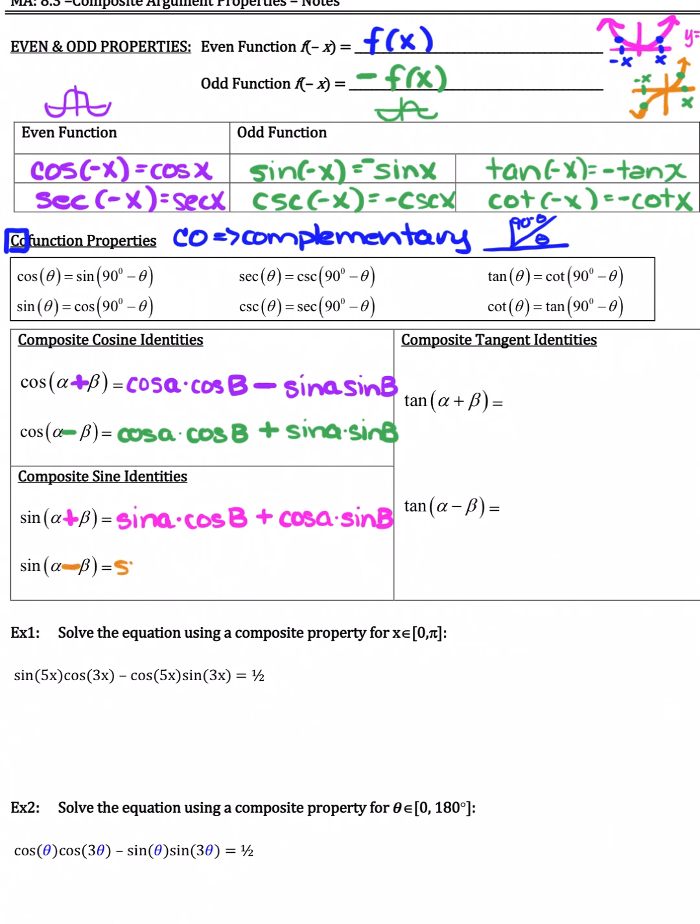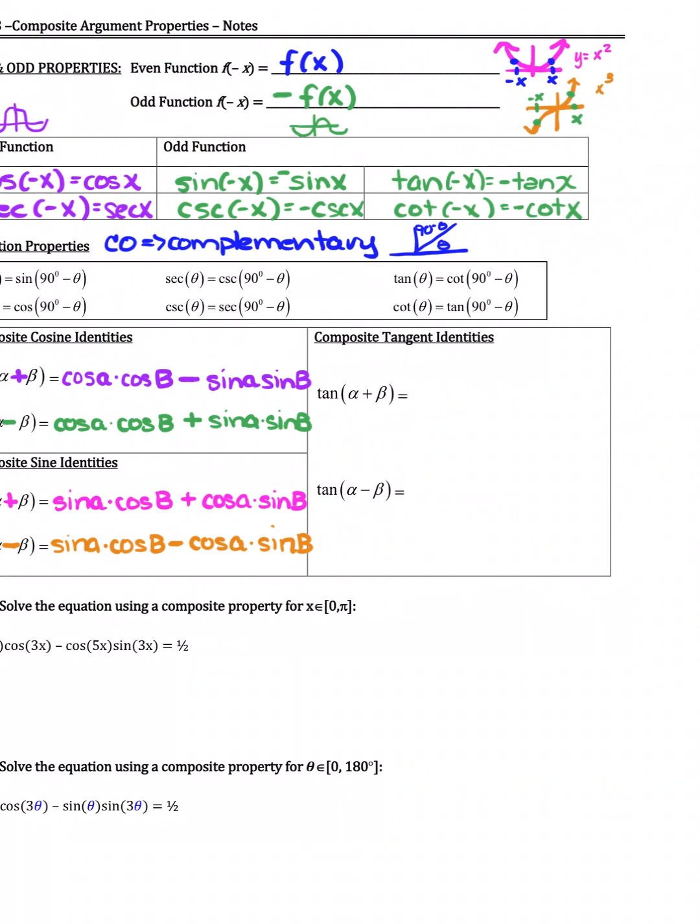So this will still be sine A times cosine B minus, so sine keeps the same sign between the terms, and then we have cosine A sine B. So the sine one, the trig gets interspersed or mixed, but they keep the same sign. Cosine, they keep the same trig together, but with the opposite sign in between.